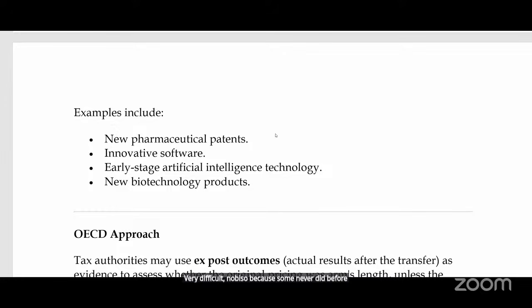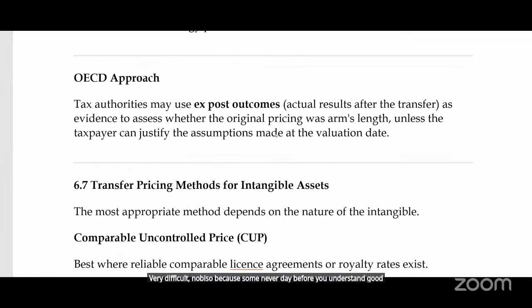You understand? Good. So with the OECD approach, the tax authorities may use what we call ex post outcomes. So after we transfer, what came out of it? Based on that result, we can compare to other similar occurrences that have happened, then use it to value the intangible asset.